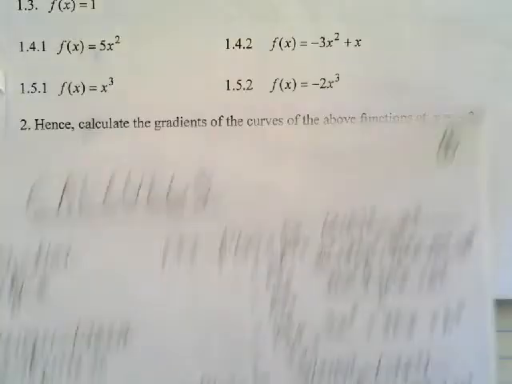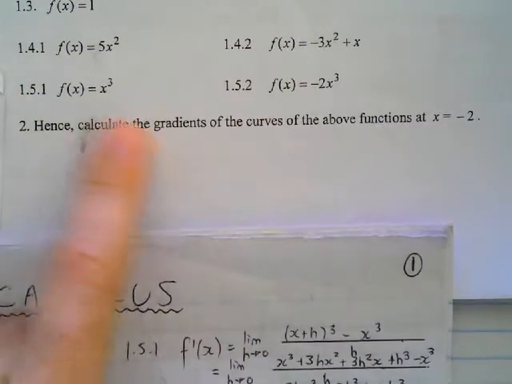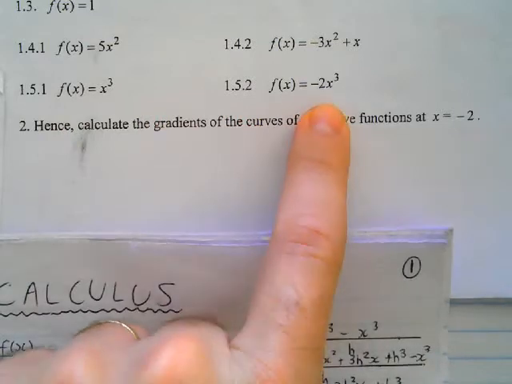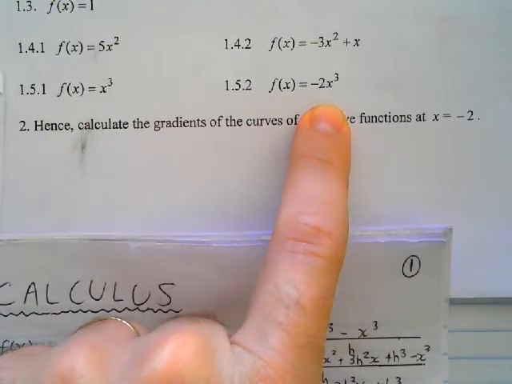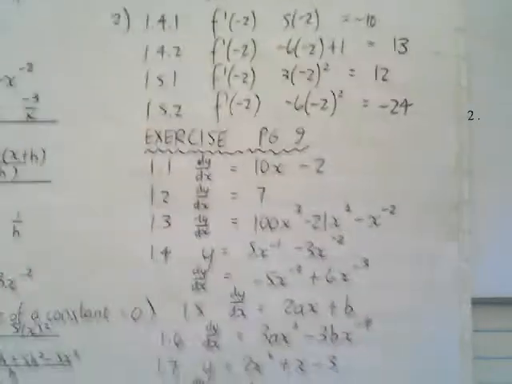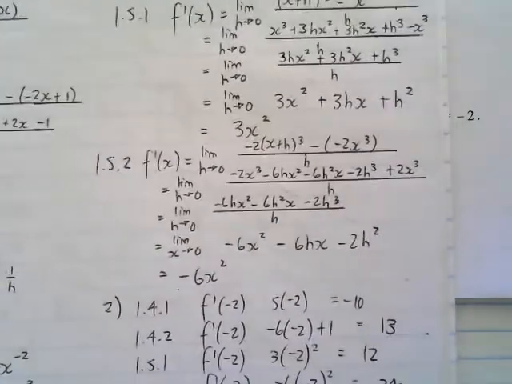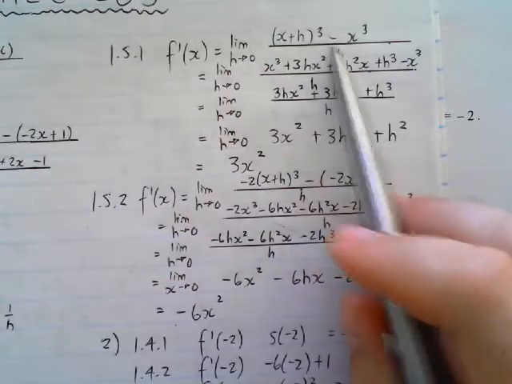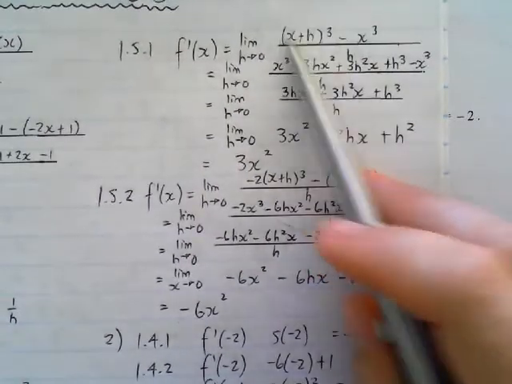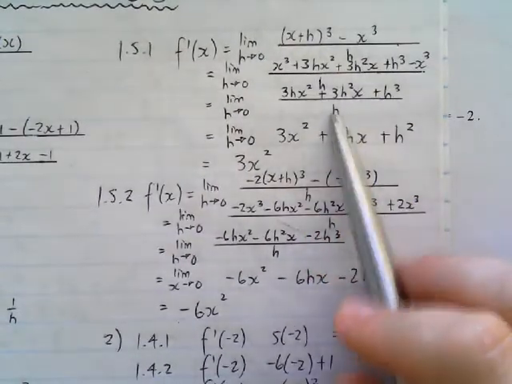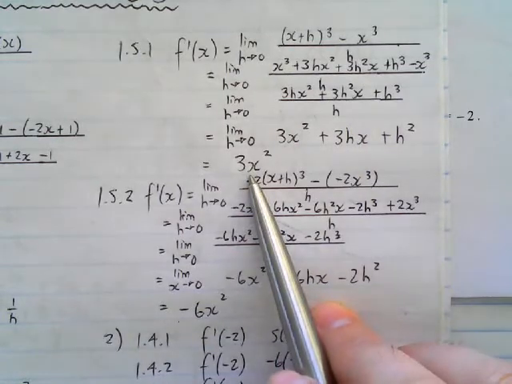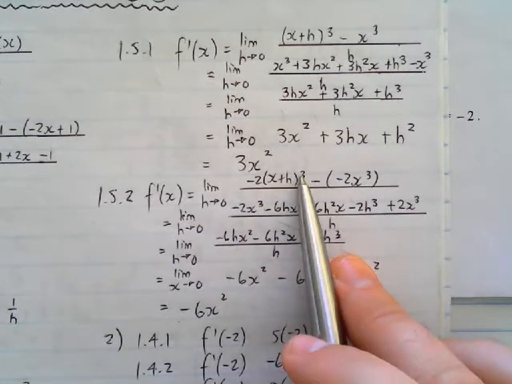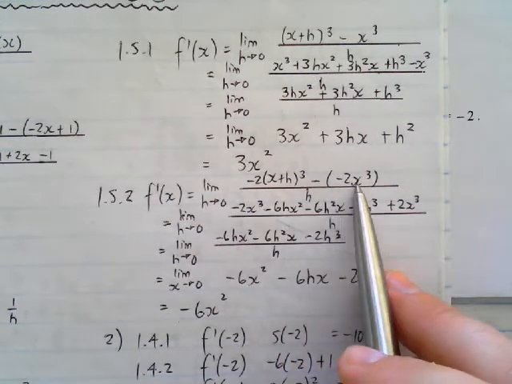1.5 is where you are heading in matric now, where you've got cubes. So our graph is x cubed, or in 1.5.2, negative 2x cubed. So where's my 1.5.1? There we go. So x plus h, all cubed, minus x cubed. Once again, times that out, cancel with the h at the bottom, and my answer is 3x squared. 1.5.2, negative 2 times (x plus h) cubed, minus negative 2x cubed.